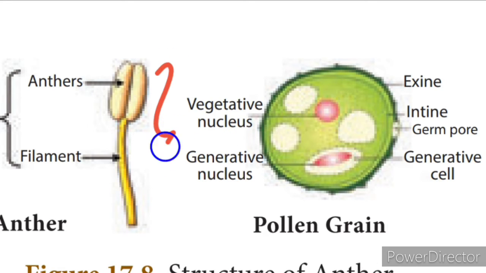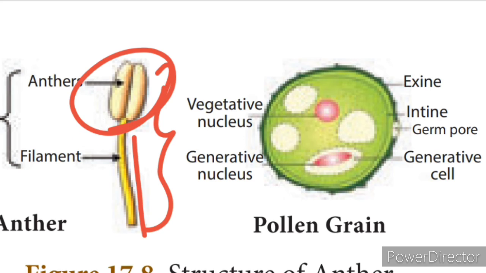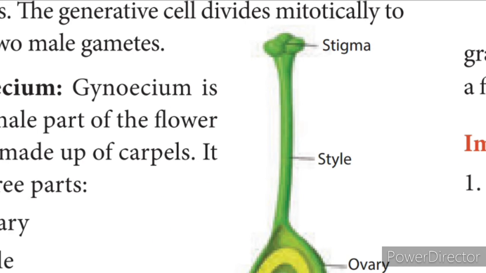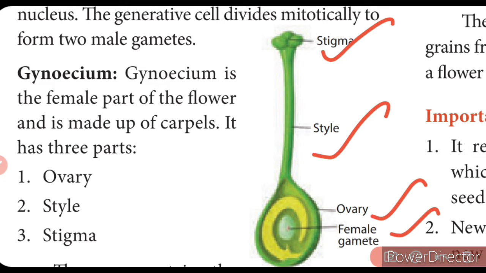Now this is the stamen. It consists of a filament and an anther. This anther produces the pollen grains. This takes place in the reproduction process. Now look at the picture, children. Here you can see the female part. It consists of the stigma, style, ovary and the gametes present inside the ovary.